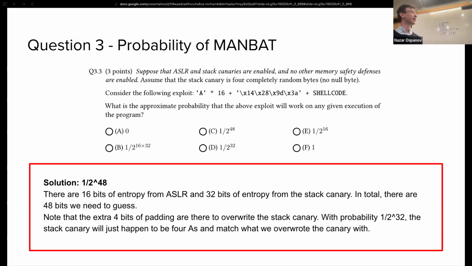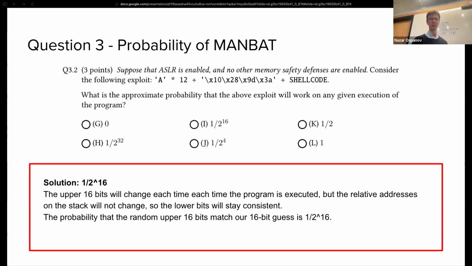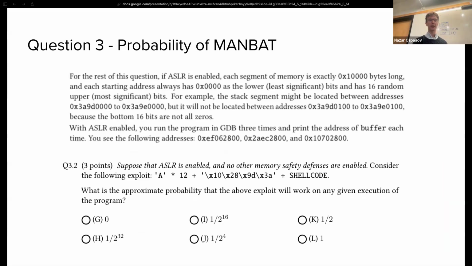Something I should also note from the previous part: why do we only need to care about the most significant bytes? One piece of information that helped us figure it out is that we printed out the addresses, 0xEF62800, to AEC 2800, etc. Notice that they end in 2800.